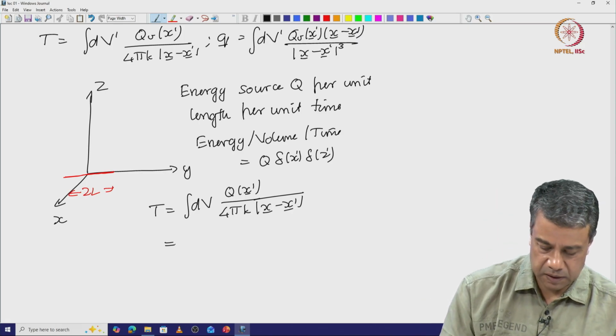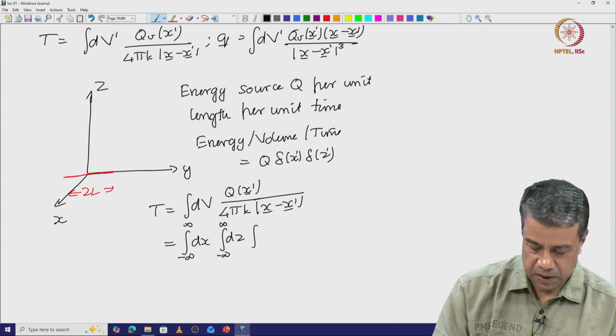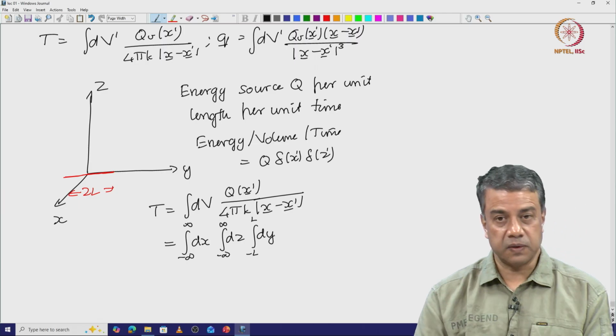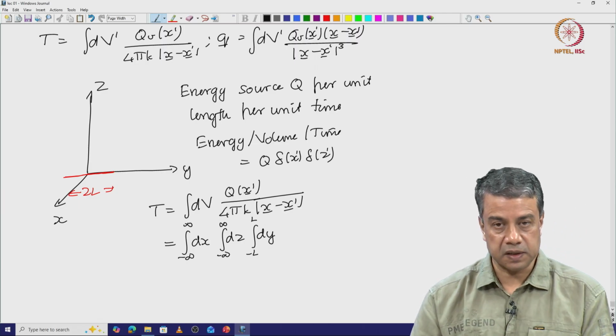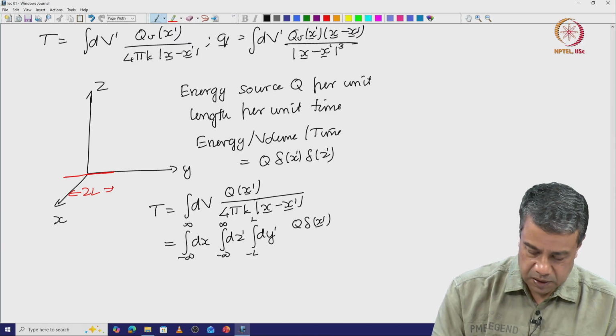This volumetric integral has integrals over x, integrals over z. Integral over y is only from minus L to plus L dy, because the wire is present only from minus L to plus L, into q delta of x prime. These primed variables are the source points.